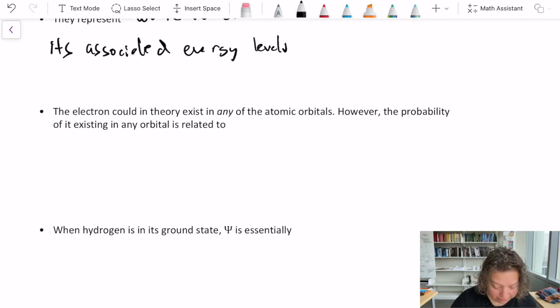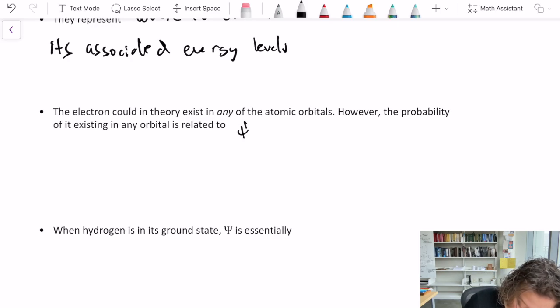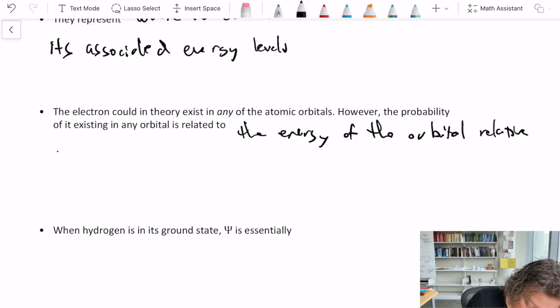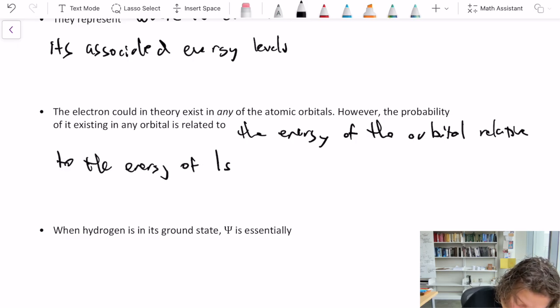However, the probability of finding it in any orbital is related to the energy of the orbital relative to the energy of the 1s orbital, and also the temperature of the hydrogen atom.